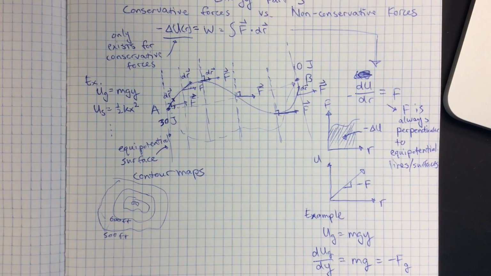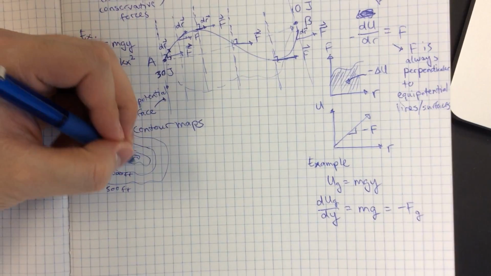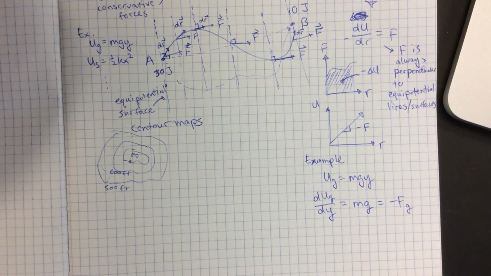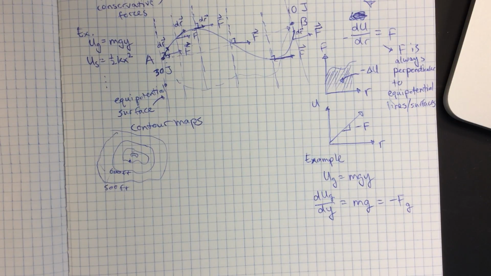What that lets you do is that means that your object is always falling perpendicular to your equal potential lines. That should make sense. If you take a ball and you drop it right here, how do you decide which direction it wants to go? Yeah, we say it wants to fall downward, but how do you use the visual cues of the equal potential lines to determine where it wants to go?